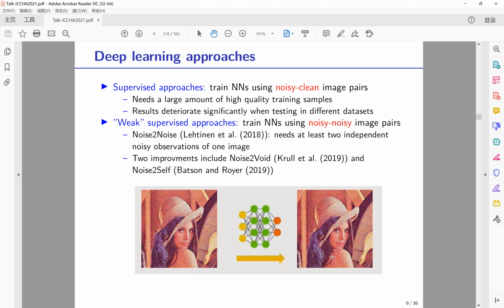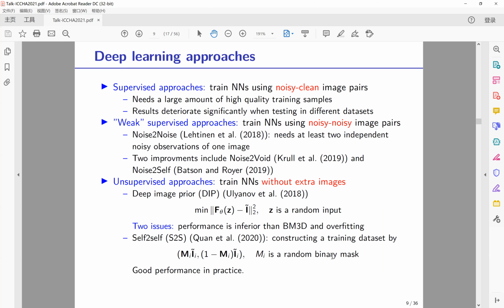And moreover, we want to relax this approach to the unsupervised setting. Here, the unsupervised setting means that we don't have any pre-trained data set. We just train a network on a single image. So one promising approach is the deep image prior, which means that I use a network to represent the space of our image. And this shows some satisfactory performance for many inverse problems.